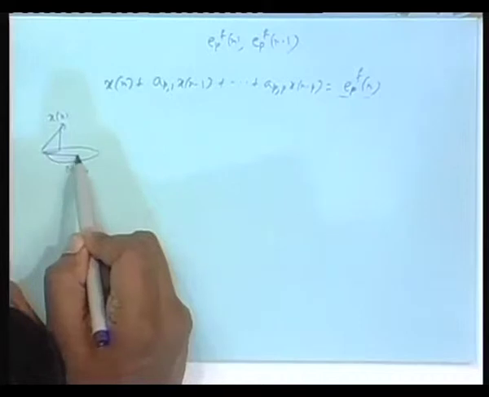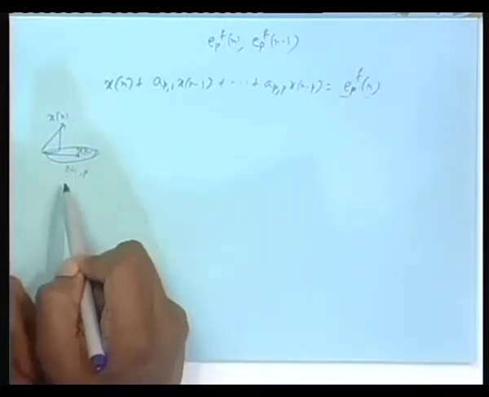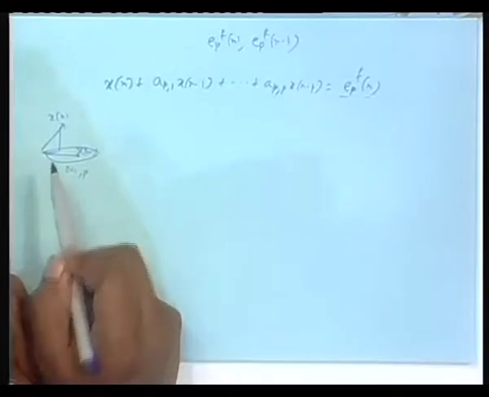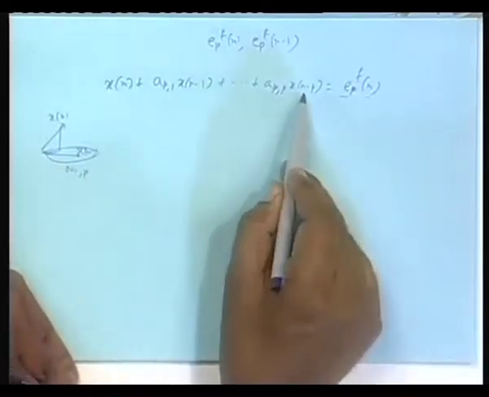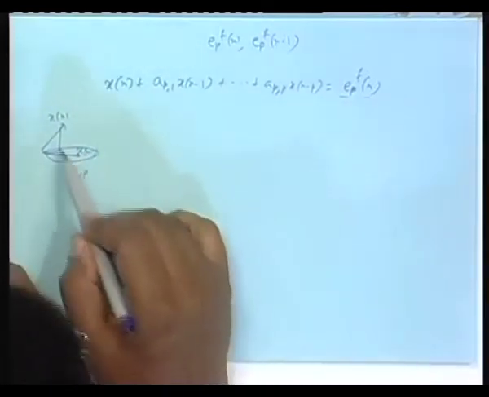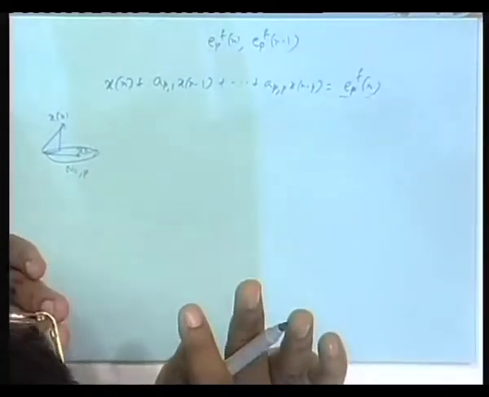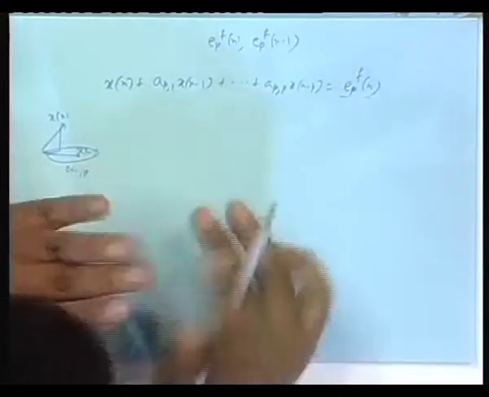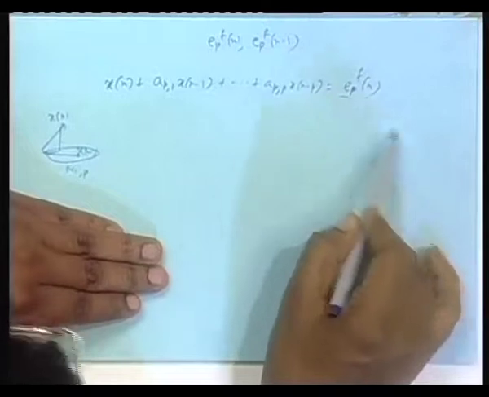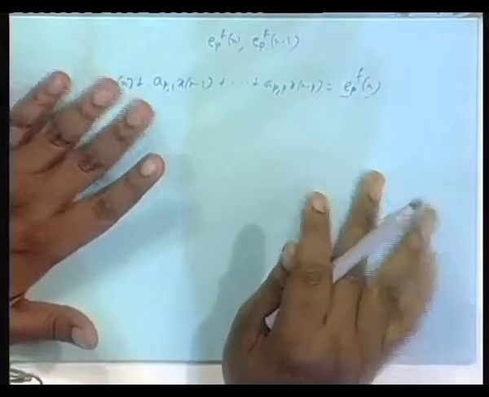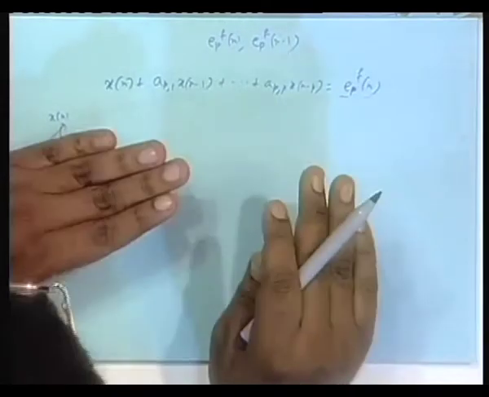Somewhere in this space is your xn minus 1, that is projected on another subspace that consists of xn minus 2 up to xn minus p plus one more element. So, there is no guarantee that these two projection errors will be mutually orthogonal. Are you getting me? So, it is not necessarily a white sequence, that EPFN, EPFN minus 1, EPFN minus 2, they are white, not necessarily. In the general linear prediction case, they are not.